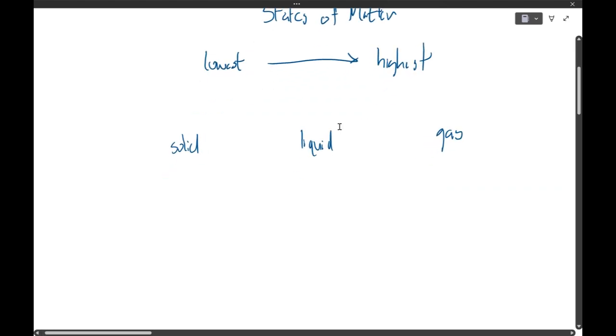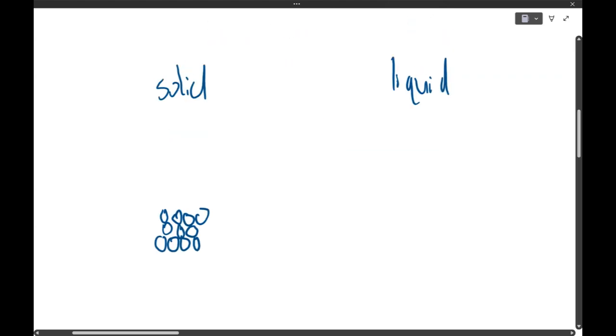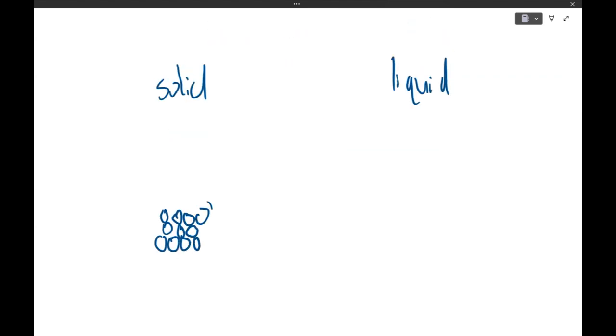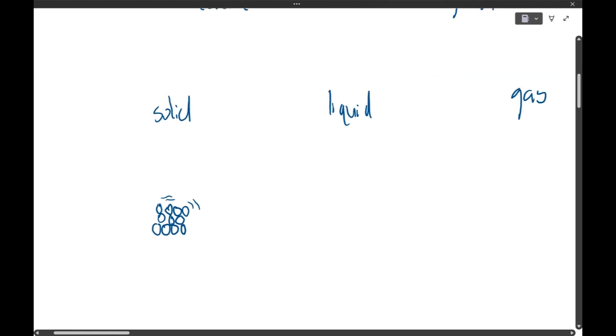So in a solid, what you're going to see is that the atoms or the molecules are going to be tightly packed. And they still move around a little bit, so there's still going to be some motion. But it's not very noticeable, and the atoms tend to stay where they are.